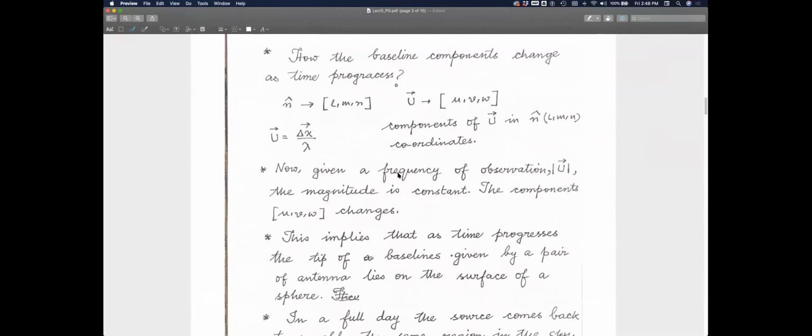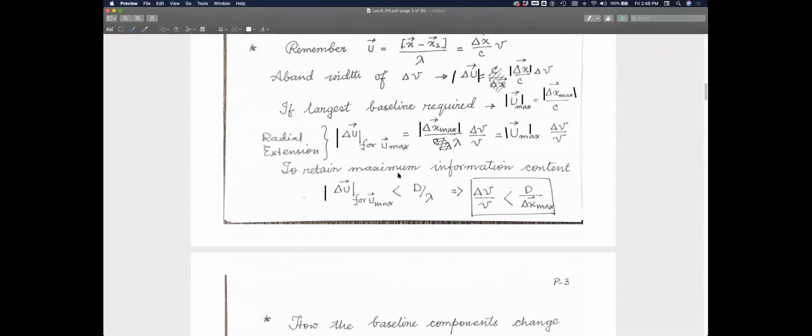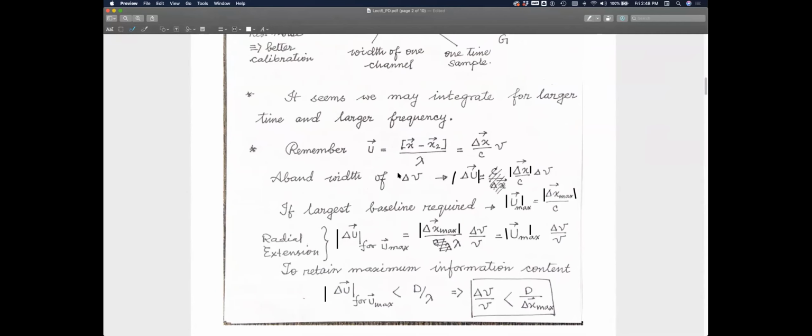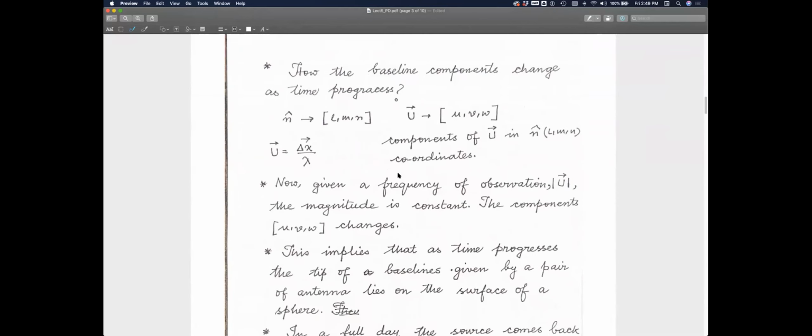Okay. So now let us ask the following question. This gives you a radial elongation, right? What about the direction along the angle? Let's ask how the baseline components change with time.